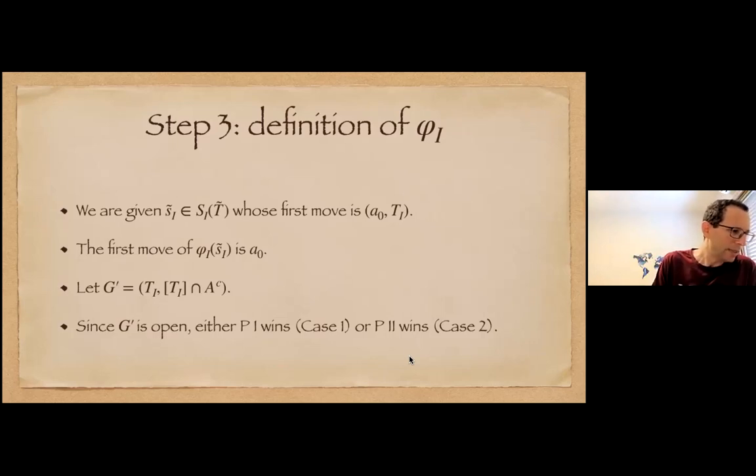The tree of the game is T1, and the winning set is the complement of A, restricted to my tree. So in G prime, player 1 wants to be outside A. Player 1 wants to lose. Now, since A was closed, A complement is open, so G prime is an open game. Therefore, it is determined, so there are two cases.